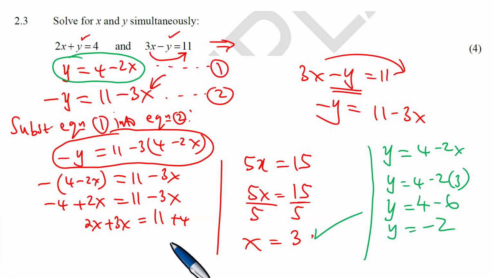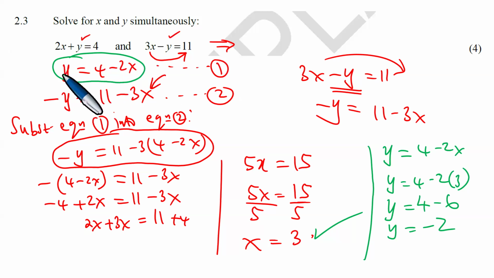Why do we put it into equation number 1? Because equation 1 says y equals 4 minus 2x.